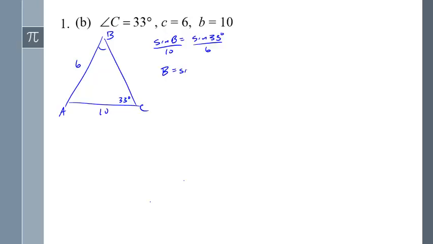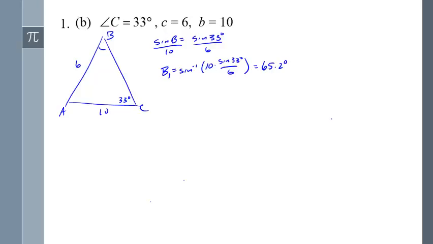So B is going to be the inverse sine of 10 times the sine of 33 degrees over 6, which gives me 65.2 degrees. So that means I have at least one triangle.